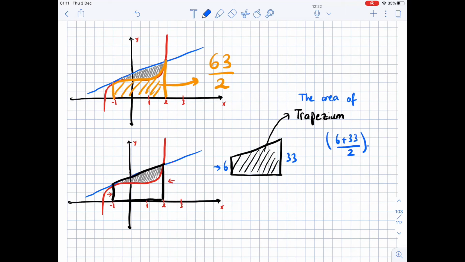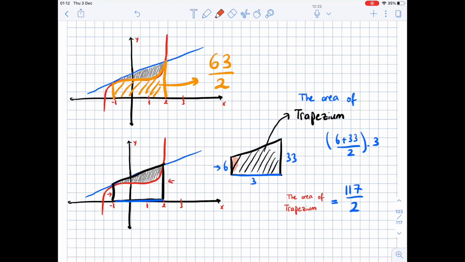To find the area of the trapezium, we add the two sides, divide by 2, and multiply by the height, which is 3 in this question. Looking at the distance between -1 and 2, which is 3.